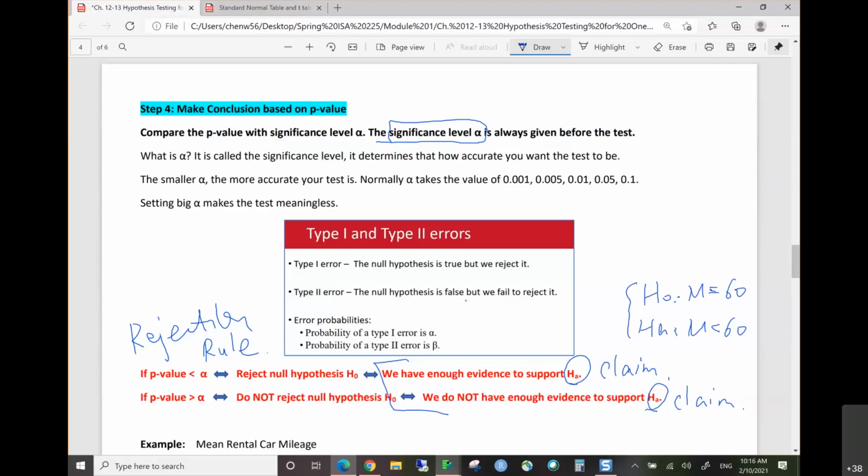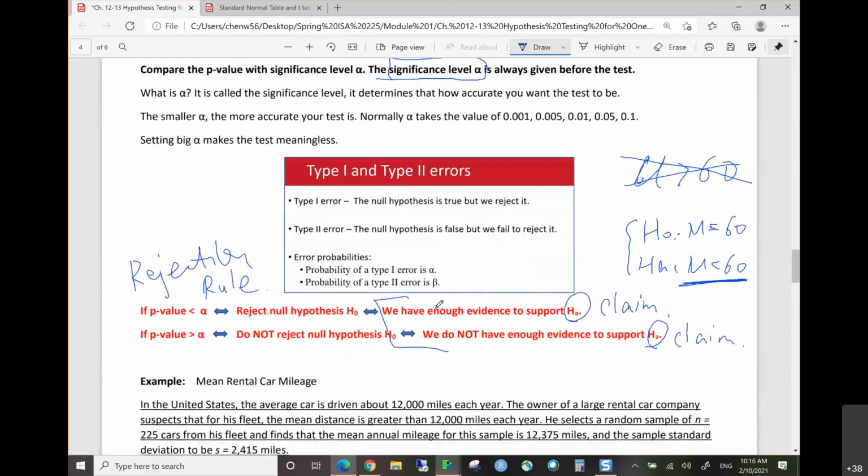You can never conclude, okay, I do not have enough evidence to support mu less than 60, so that means I have enough evidence to support mu larger than 60, right? We do not care about whether mu is larger than 60 or not. We just care about whether we can support that mu is less than 60. All right. Okay, so that will be all 4 steps.